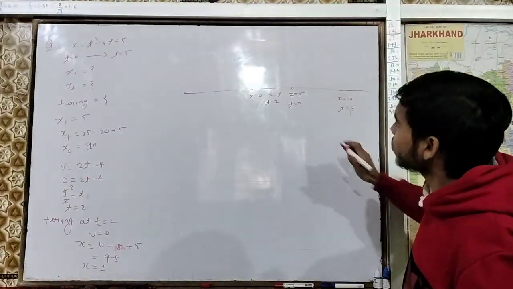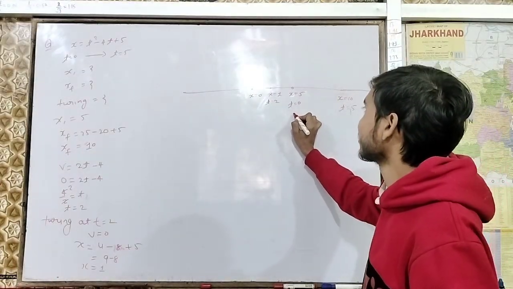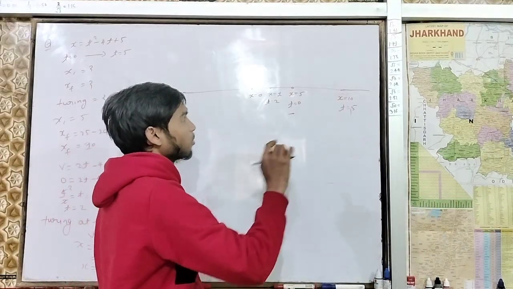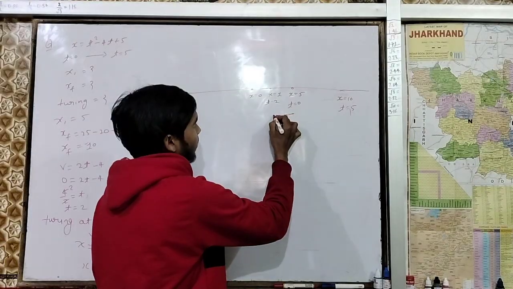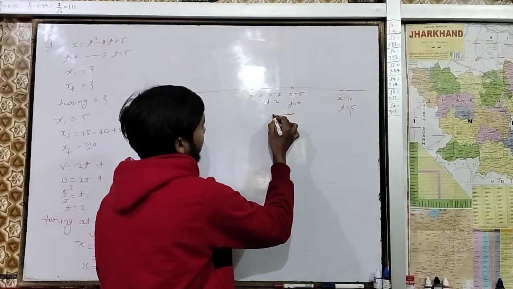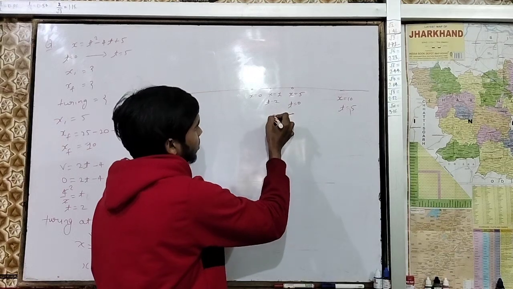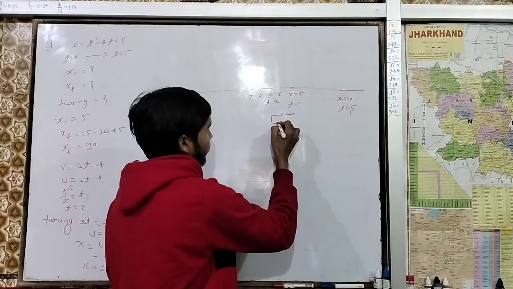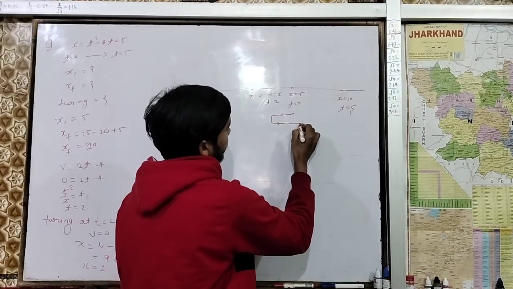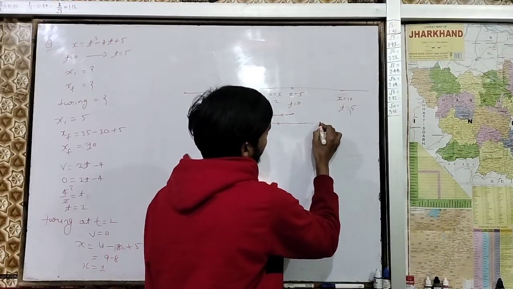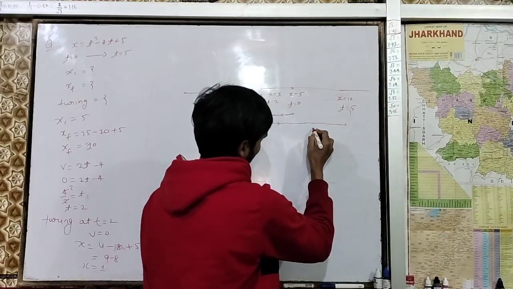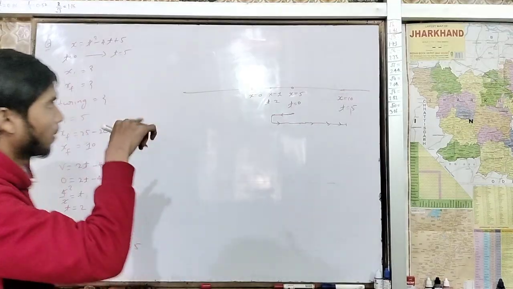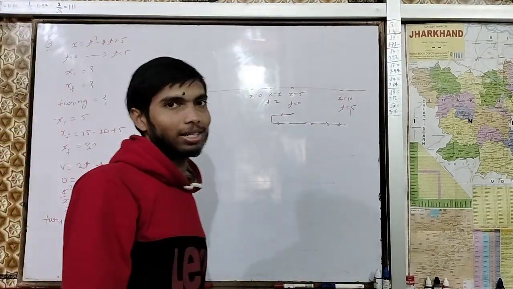Can you see? First of all, it started from here. It is going like this. It started motion from here. As he reached over here, x is equal to 1. Then he took a turn. He went till x is equal to 10. That is how the particle covered the distance.